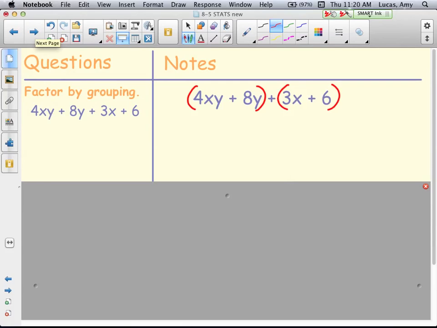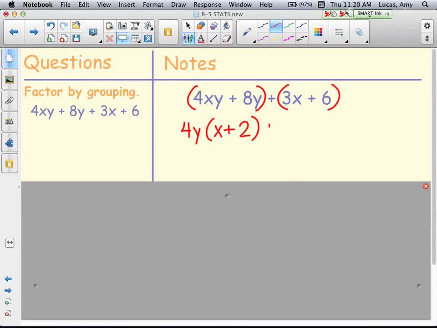The greatest common factor of 4 and 8, without a factor tree now, would be 4. And then if I look at my variables, I can take out the y. So if I divide by 4y, my first term would be left with x, and my second term would be left with 2. Remember, you can always distribute to make sure that it's equivalent.